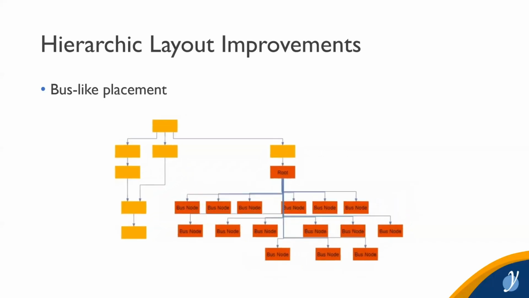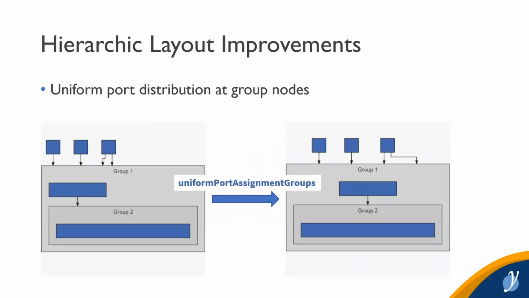So the next feature is also part of the hierarchic layout improvement. It's a small one, but it's also a feature that we added in response to user feedback. In this case, we allow for more uniformly distributing the ports along the borders of a group node.